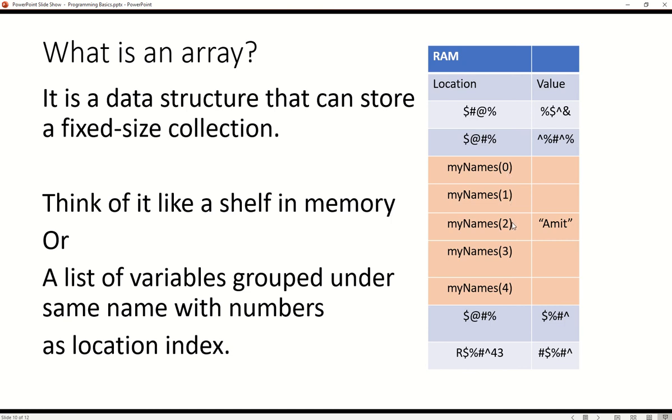It's like if you had to navigate to a shelf and you had many shelves in the library, you would say, go to the shelf called my names, and go to the location 2 shelf, and then you can collect something from there or put something in there. So that's how arrays conceptually work.